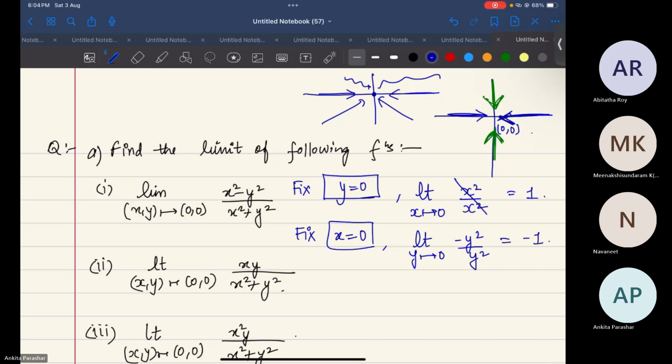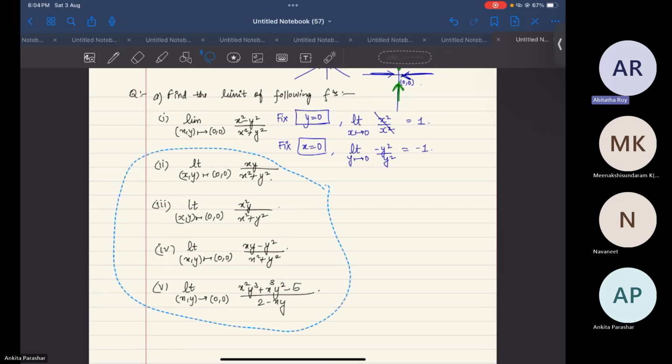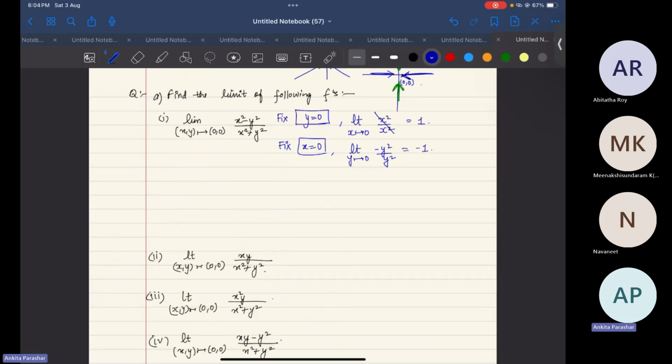No. So here you would say that by choosing different paths, we got different limits. Therefore, the limit does not exist.